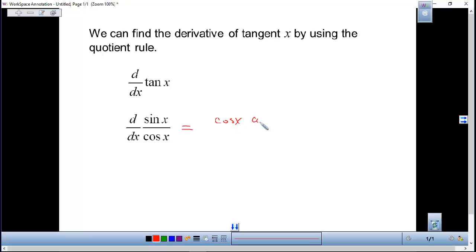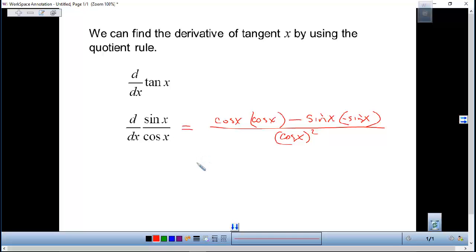Derivative of sine x is cosine x, minus top sine x times the derivative of the bottom, which is going to be negative sine x, all over the bottom squared. So cosine x quantity squared.